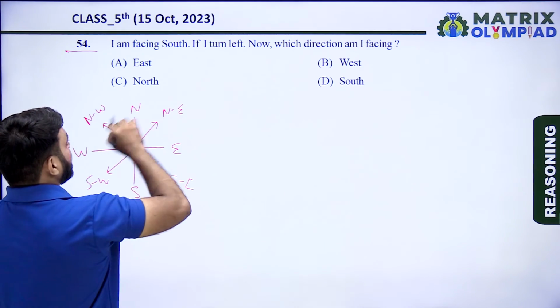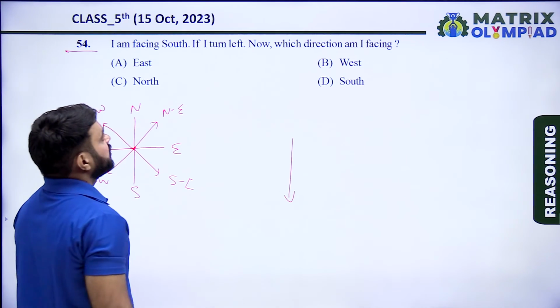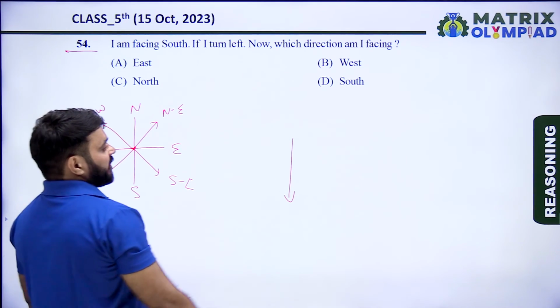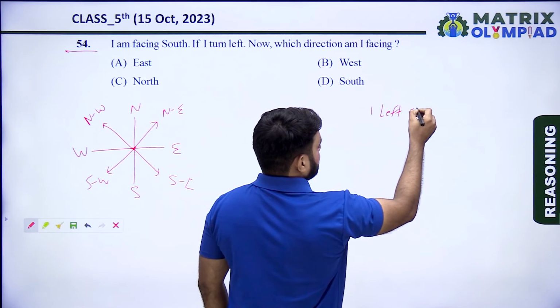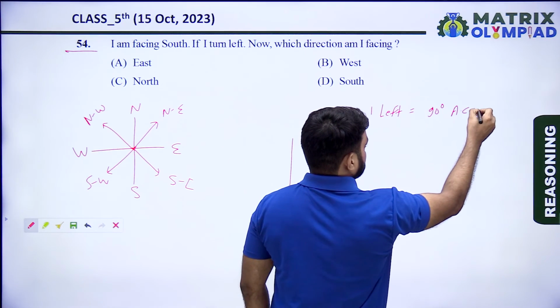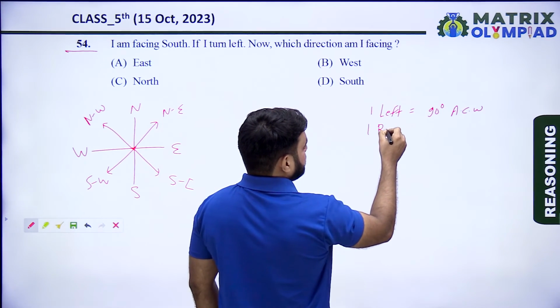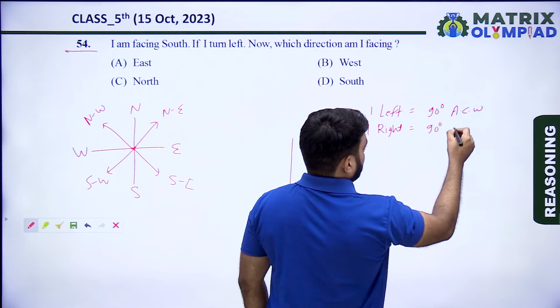Okay, if I am facing south and I turn left, one left turn means 90 degrees anti-clockwise. One right turn means 90 degrees clockwise.